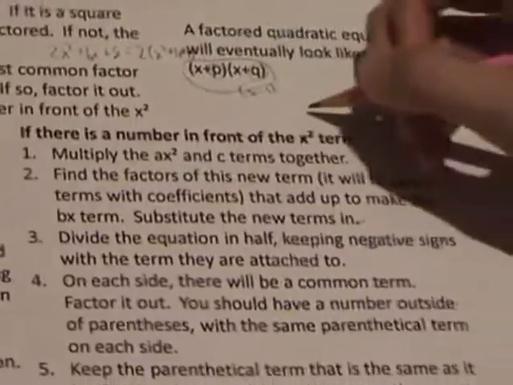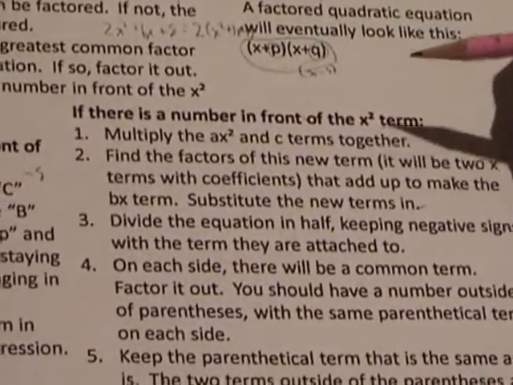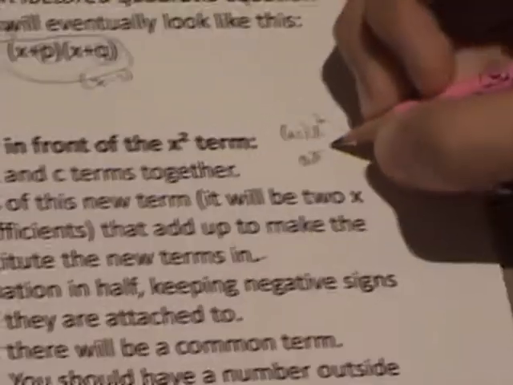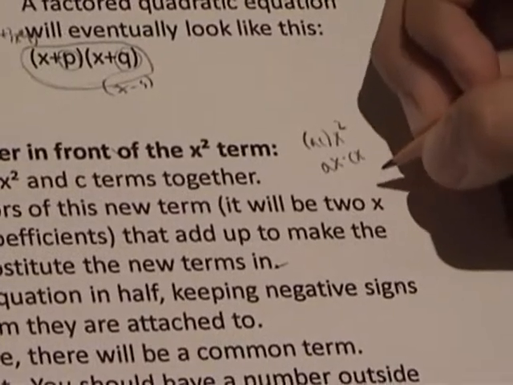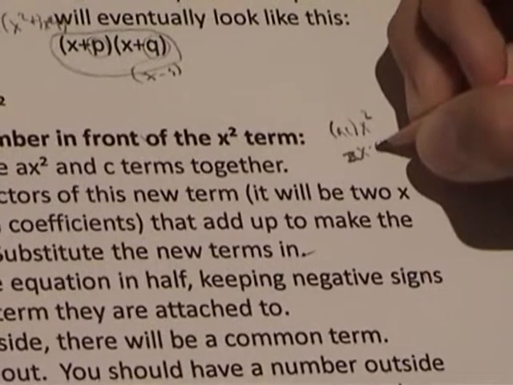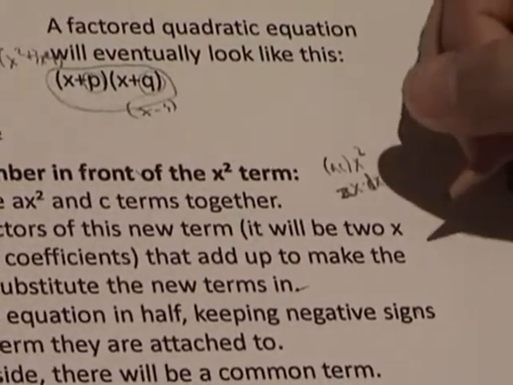If there is a number in front of your x squared term, multiply the ax squared and c terms together. So you're going to get ac x squared. Then find the factors of this new term. It'll be zx times dx.